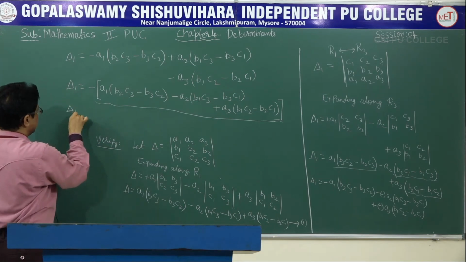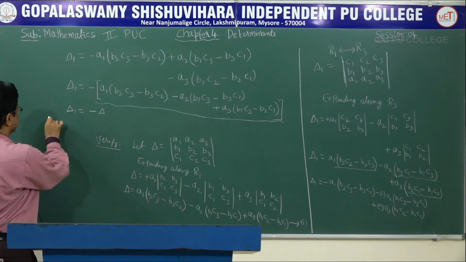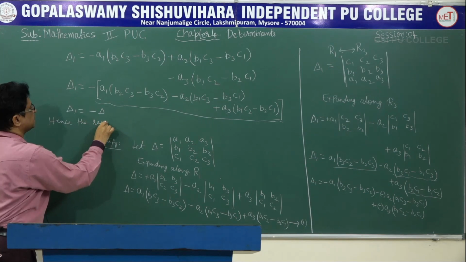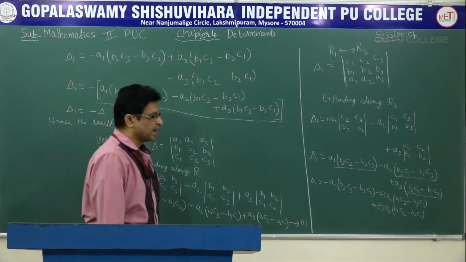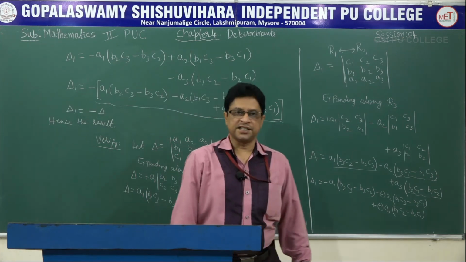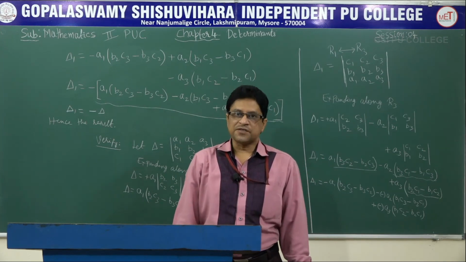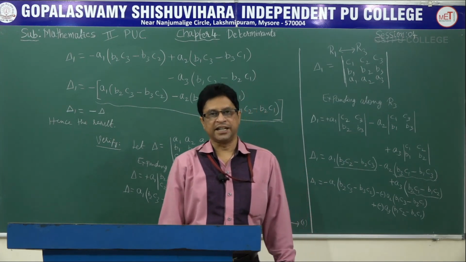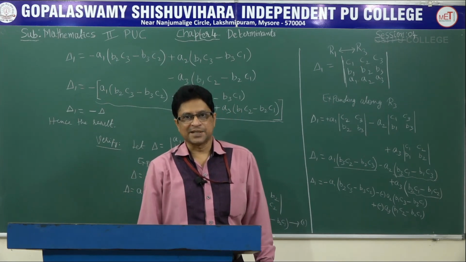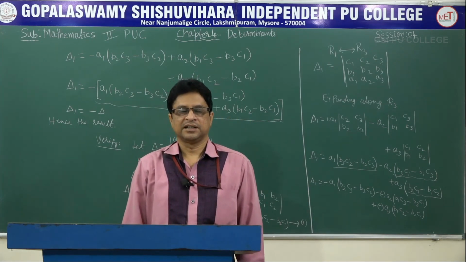That is, delta 1 is equal to minus delta. Hence the result. That means if all the rows and columns are interchanged, then the value of the determinant will not change. Suppose if any two rows or columns are interchanged in a determinant, then the value of the determinant changes by sign only.